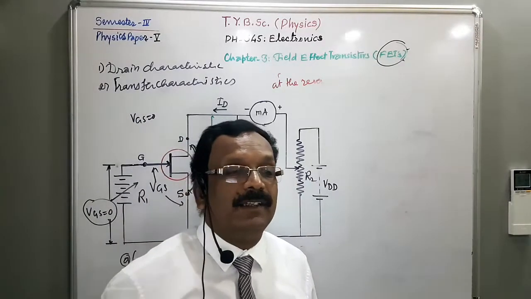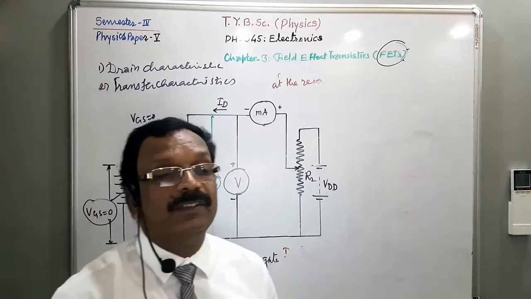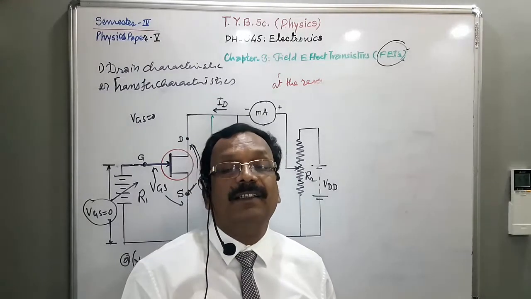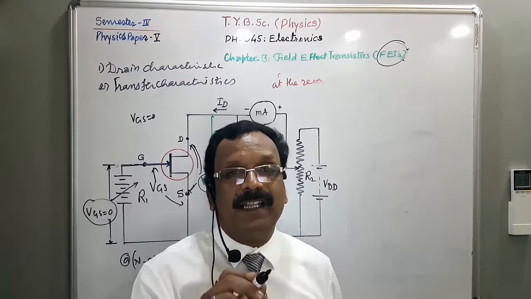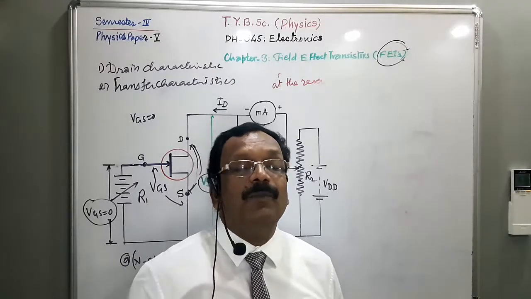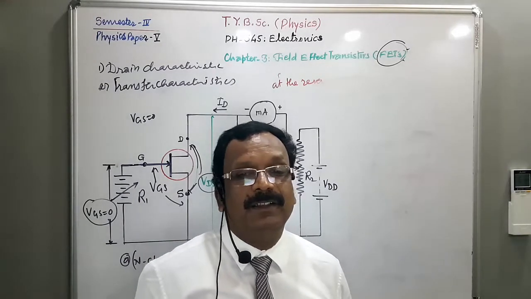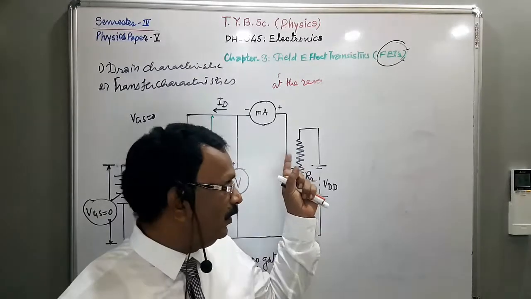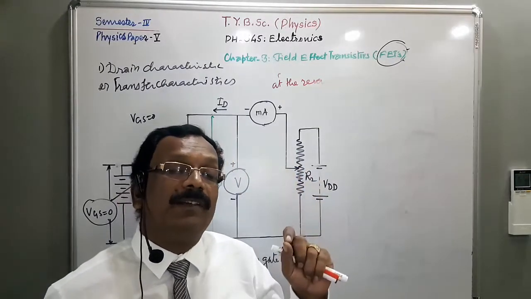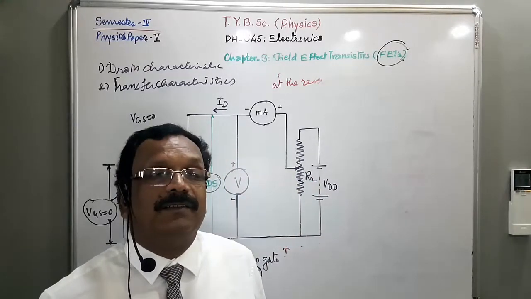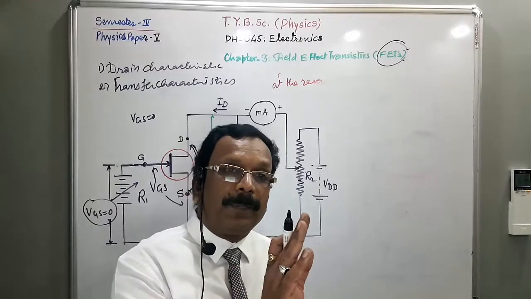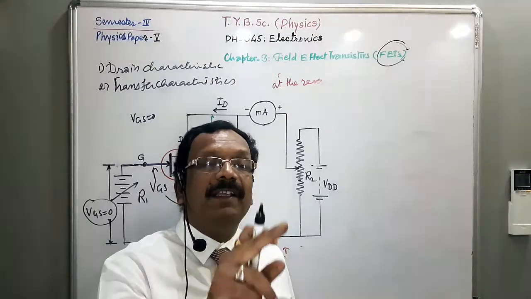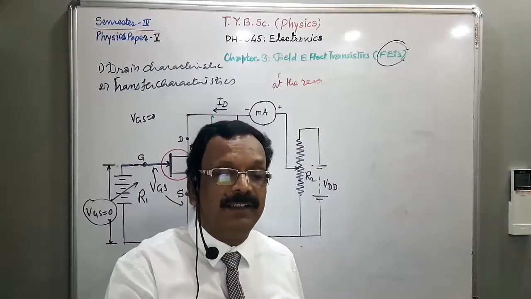So don't be confused. In drain characteristics, we obtain the characteristics of ID versus VDS at constant VGS.